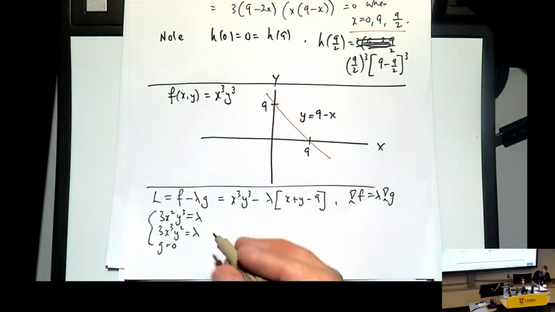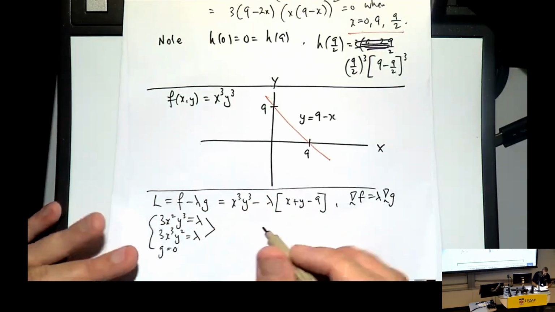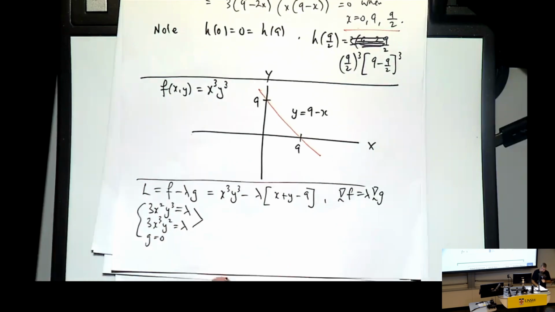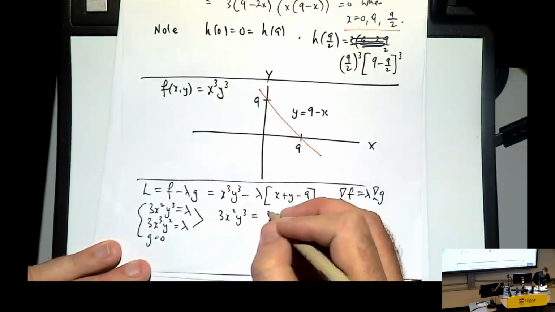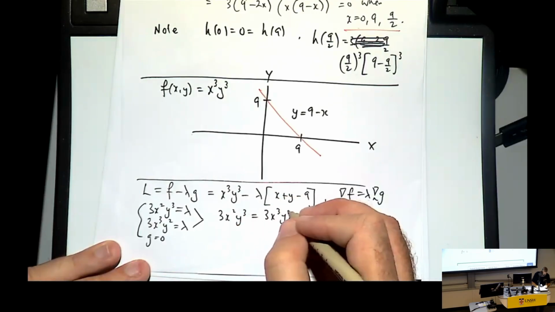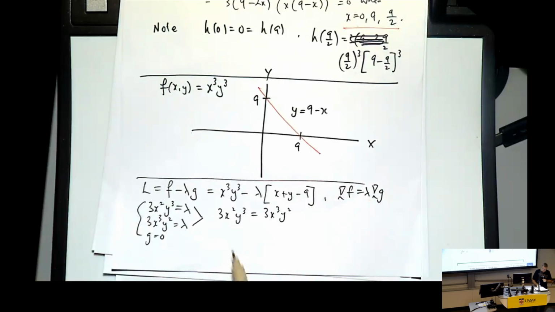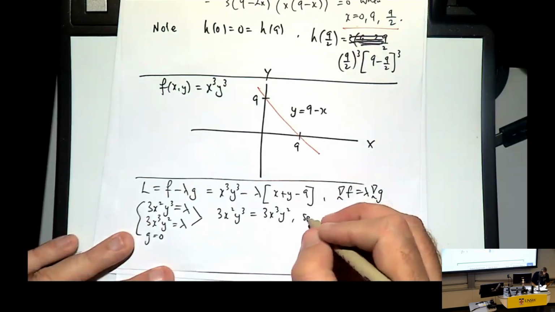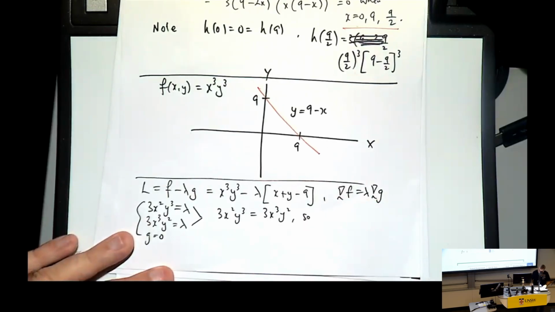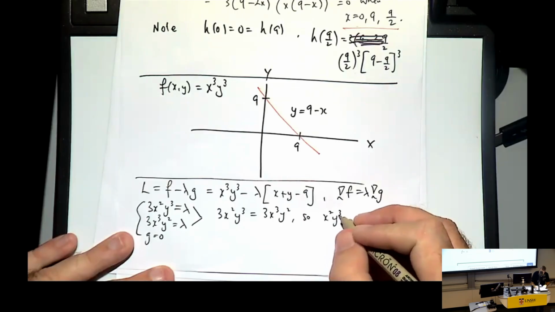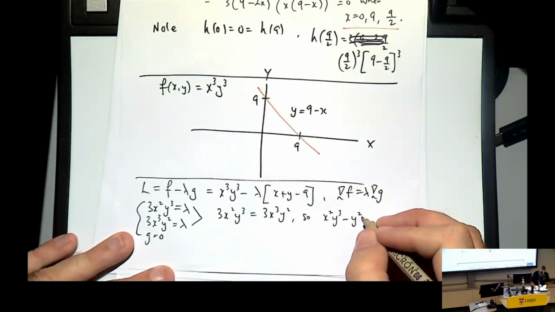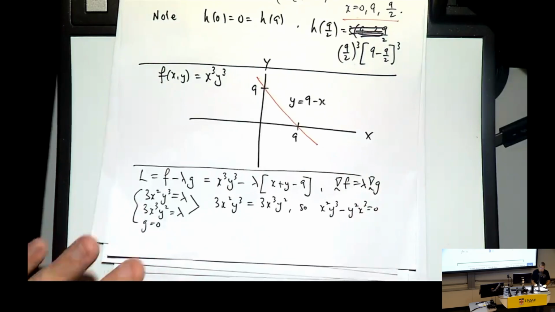All right, so I think the easiest case here is basically to take the first two and put them into each other. Okay, if you move those around, you can cancel the 3. So you've got a common factor of x squared y squared in both of them.